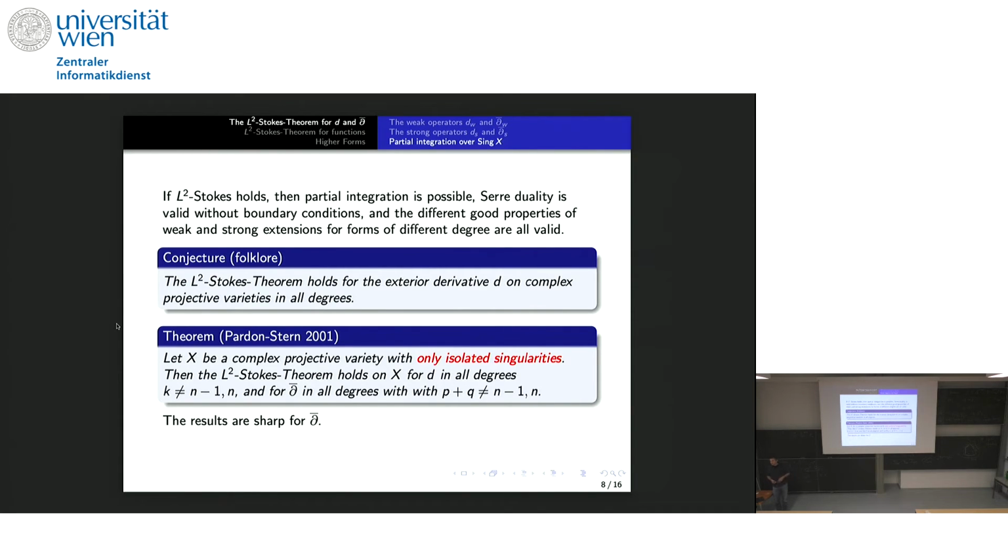So you have degrees for de Rham from 0 to n minus 1 to n, and there's a gap in this theorem in the middle, and it holds for d bar if p plus q is not one of these middle degrees. The results are sharp for d bar. If p plus q is equal to n minus 1 or equal to n, then there are counterexamples to the L2-Stokes theorem, but I'm not aware of counterexamples for these cases here.